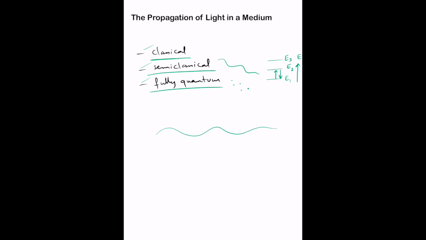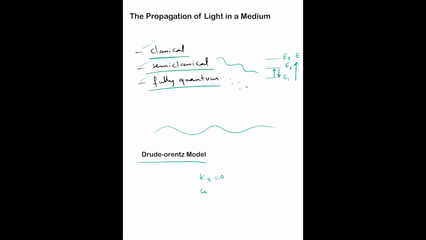And so such electrons in a metal or semiconductor do not experience a restoring force when displaced from equilibrium. The application of the Lorentz dipole oscillator model to the oscillations of free electrons in a metal is known as the Drude-Lorentz model, where because there is no restoring force, the spring constant Ks is zero, which implies that the natural resonant frequency is also equal to zero.